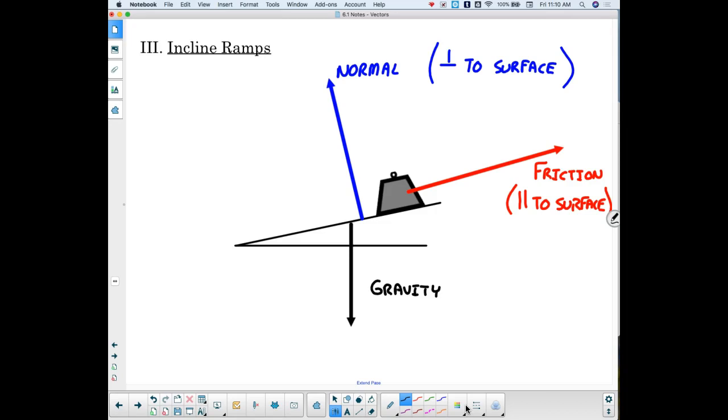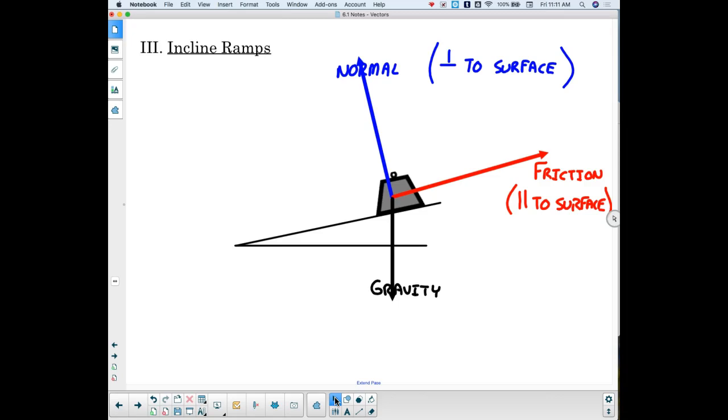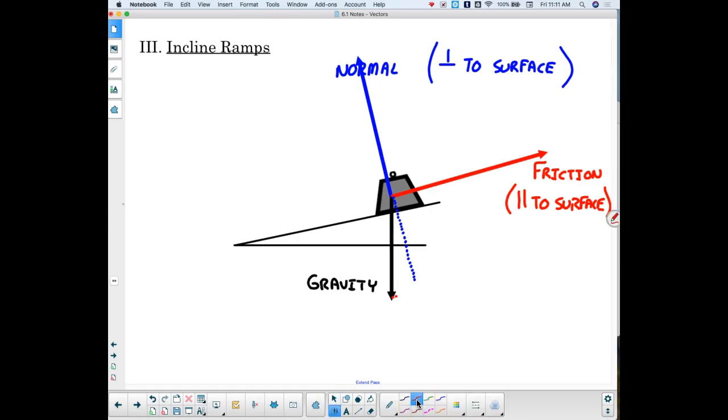Now, if I manipulate those 3 forces, and I say that they all come out of the same spot, then what's neat here is if I bring that down, let me move gravity here, I get a nice little triangle in there.